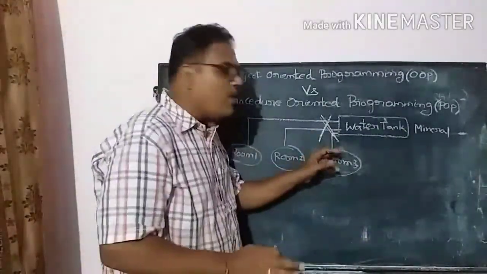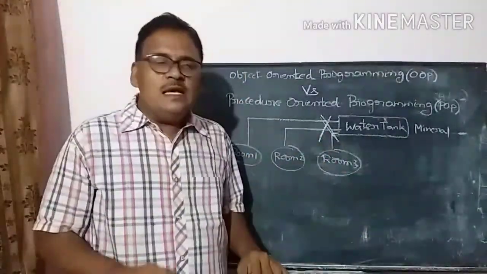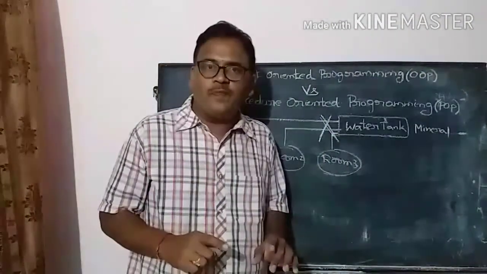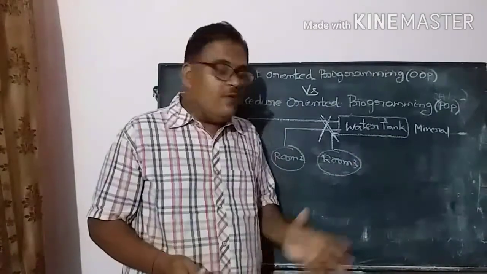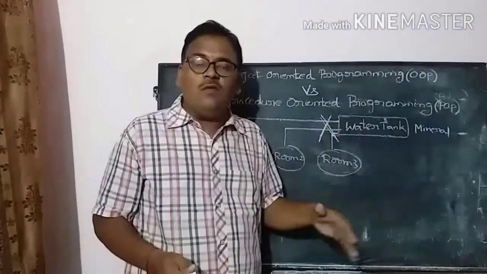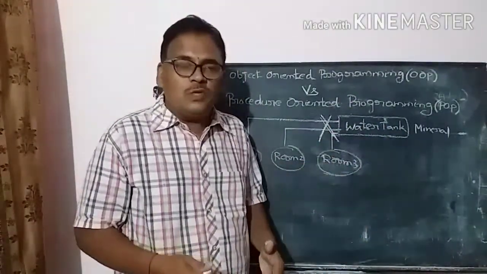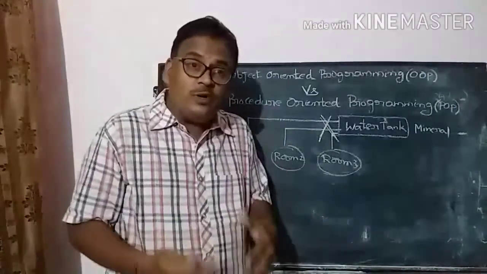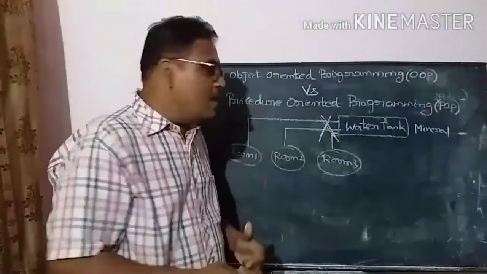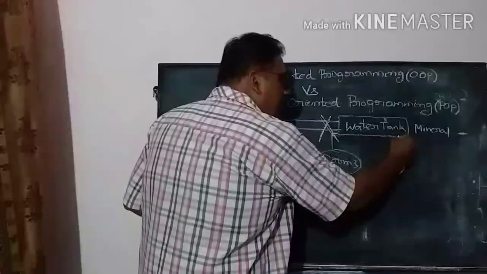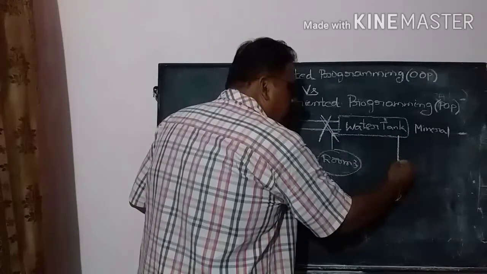So all the points are closed. Is it the right thing in case 2? No. Water should be utilized. If it is only stored in the water tank, what is the use of the water? So water should be distributed and utilized. In case 3, we set the tap points here.